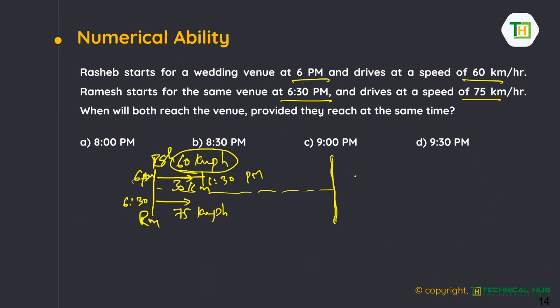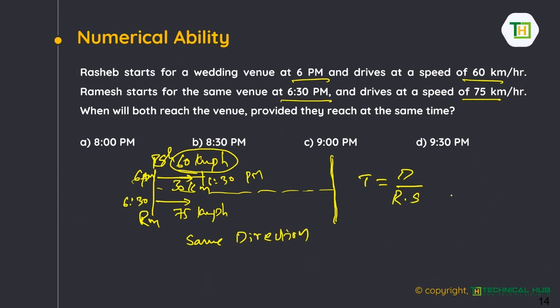Therefore, first we calculate after how much time they will meet each other. Time is distance by speed in general. Whenever direction comes into the picture, you need to use the concept of relative speed. Here, both are in the same direction.